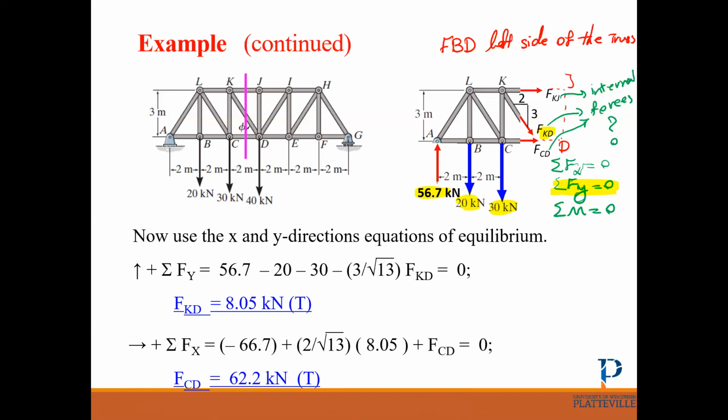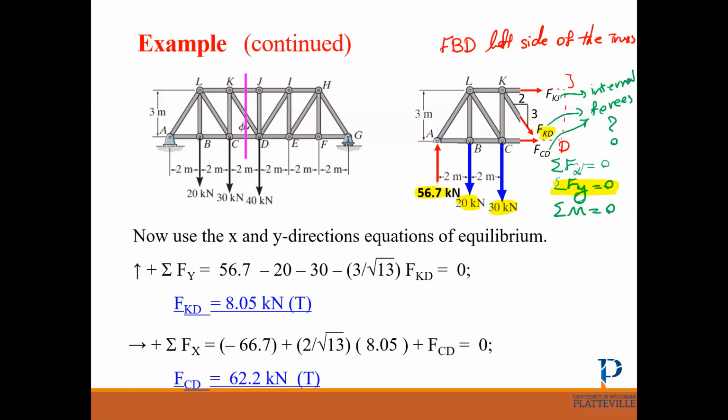So I write the sum of Fx, and from here I can find FCD. Okay, so that's all for the method of sections. We're going to solve another example together to find out how we can solve this similar problem.